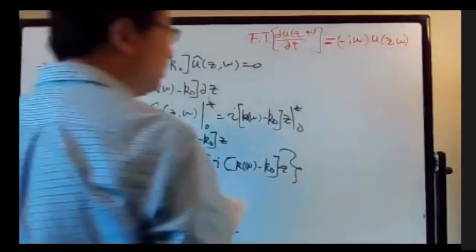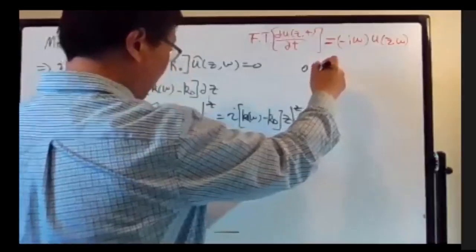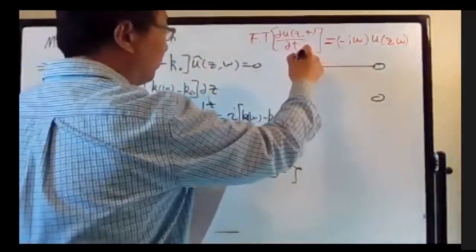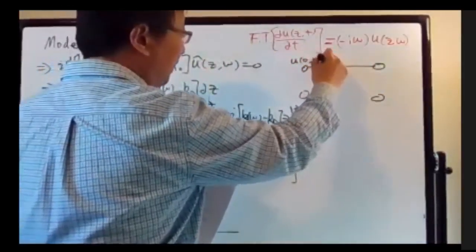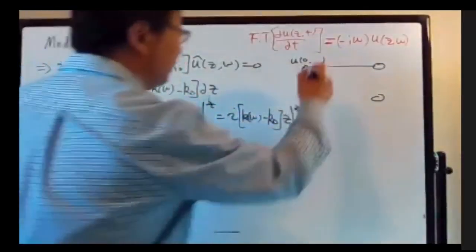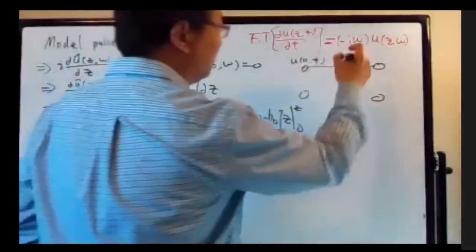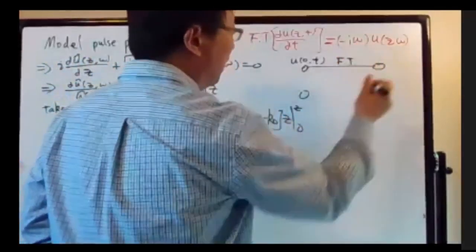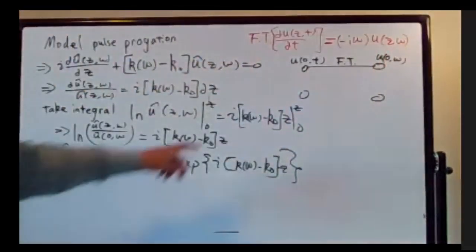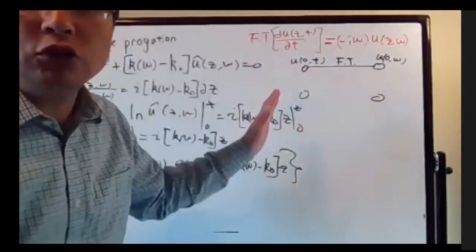right? So now let's look at a chart. So I'm going to look at u 0 omega, 0t, sorry. This is 0t. And then for the first one, let's do the Fourier transform. We will get u 0 omega, right? So we first get the Fourier transform at the original point.